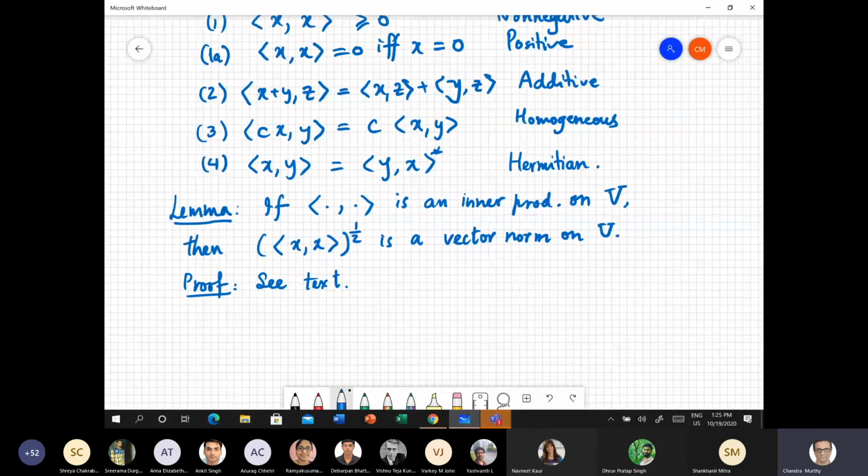One other thing is that when we define a norm in this way, we say that such a norm is derived from an inner product.